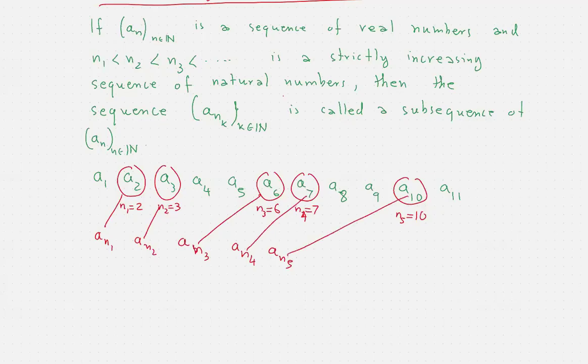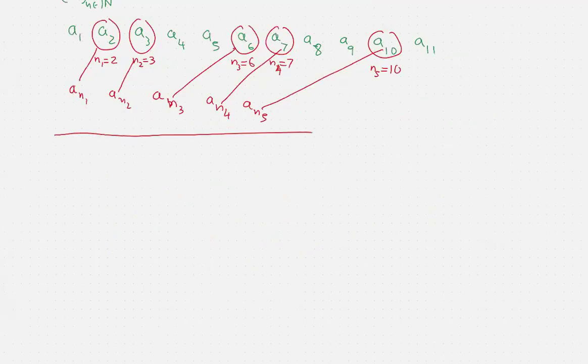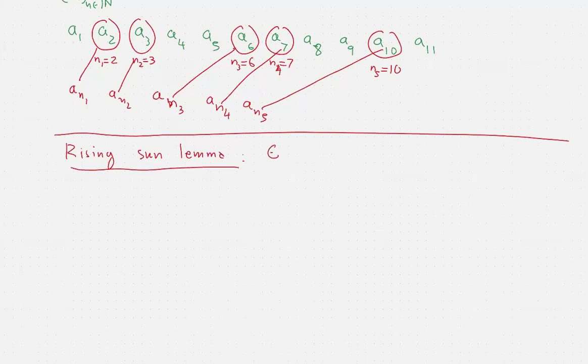So basically the rising sun lemma, which is what we're going to show, says the following. Every sequence of real numbers has a monotonic subsequence.